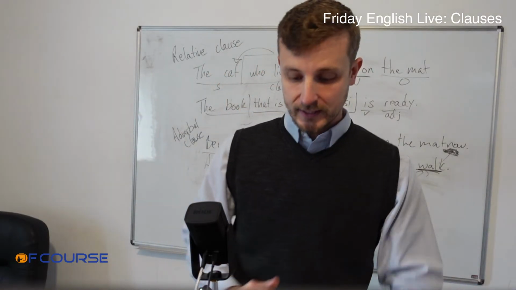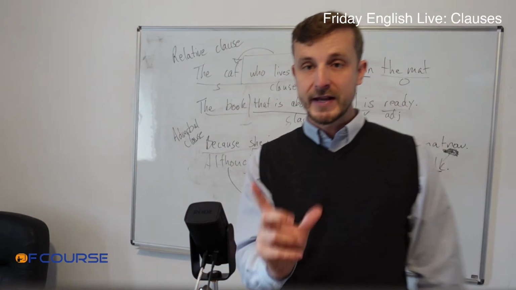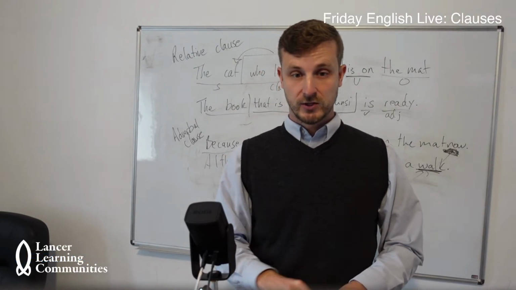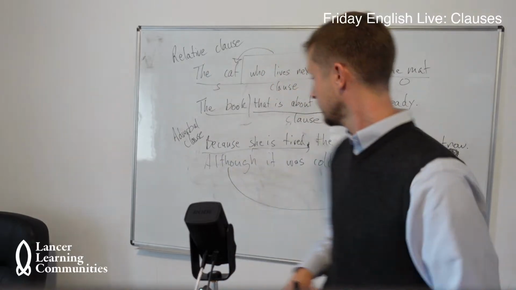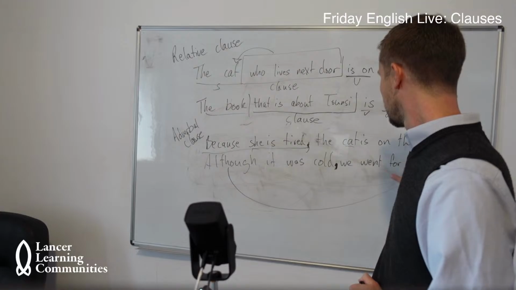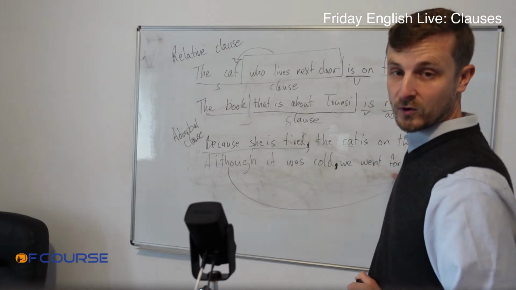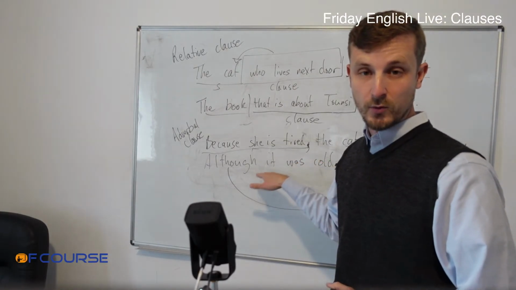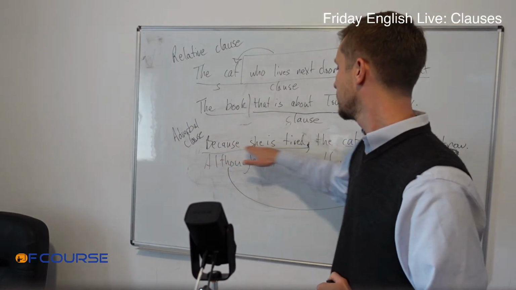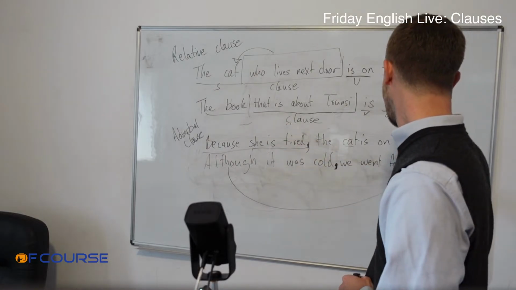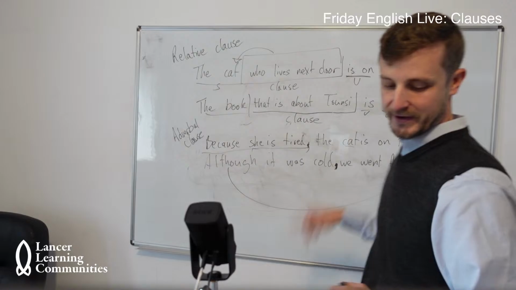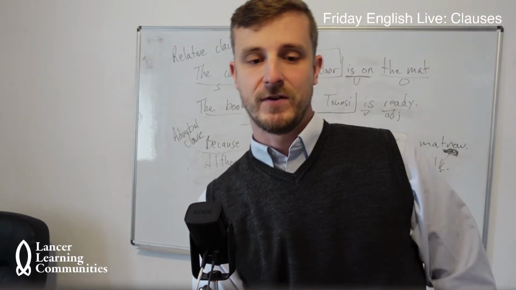And the clause is just a phrase that clarifies whatever we're talking about. So in this particular circumstance, we are clarifying that it was going for a walk, although it was cold. We're clarifying why she was on the mat now, because she was tired. All right, so that is the adverbial clause.